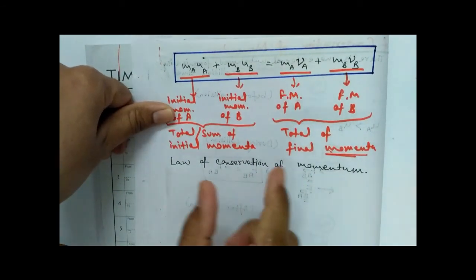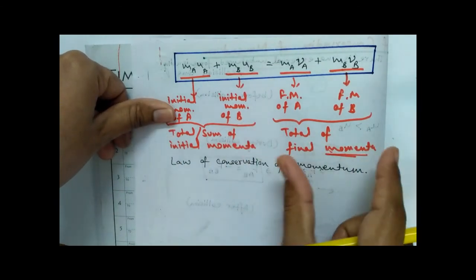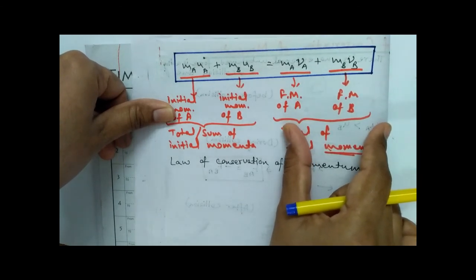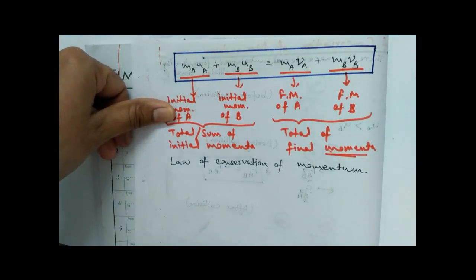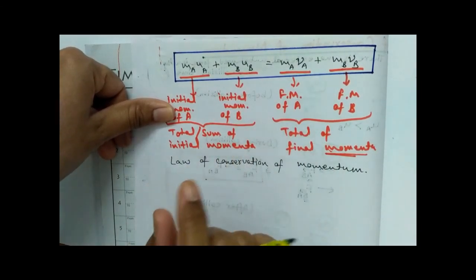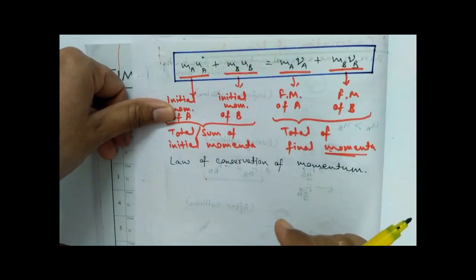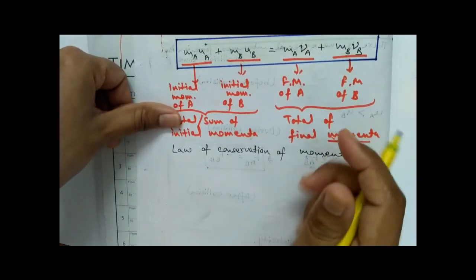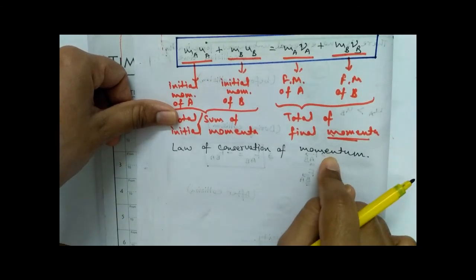It says that the sum of momenta of two objects before collision is equal to the sum of momenta of the two objects after collision when there is no external unbalanced force acting on them. So can I say that the total momentum of two objects is unchanged or conserved by the collision? That means collision can't affect the value of momentum.